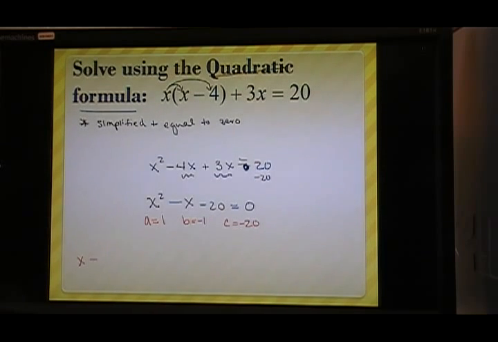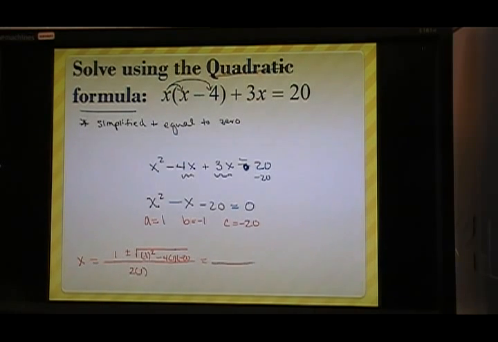So the value for x is, opposite of b is positive 1, plus or minus the square root of negative 1 squared minus 4 times 1 times negative 20, all over 2 times the value of a.